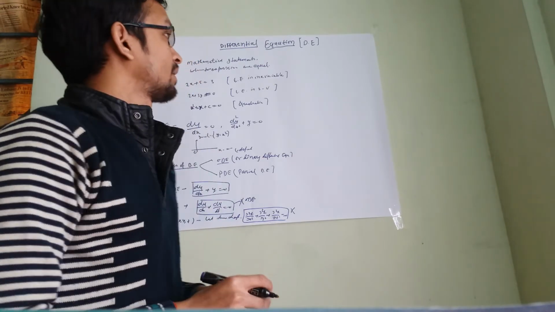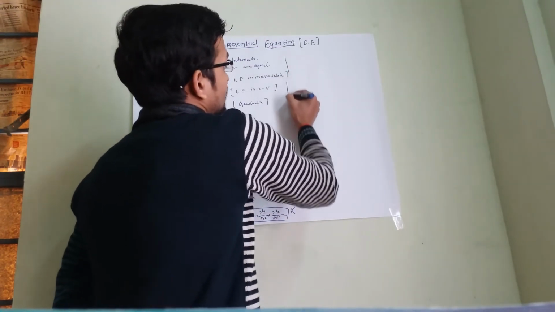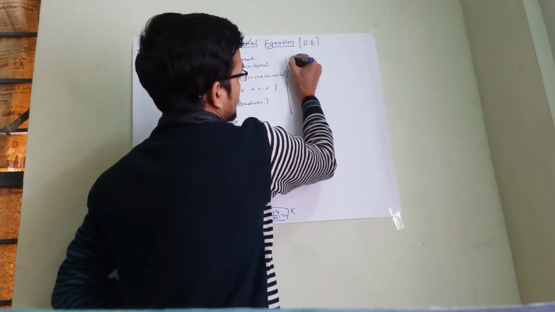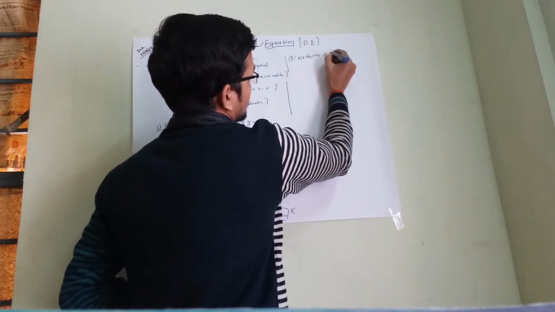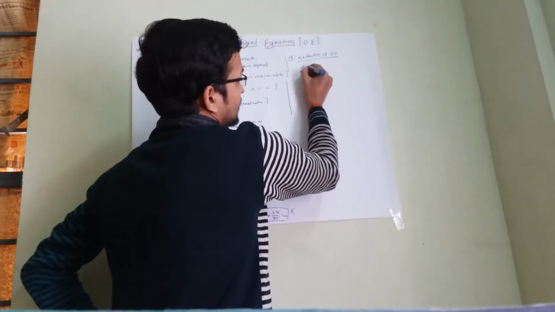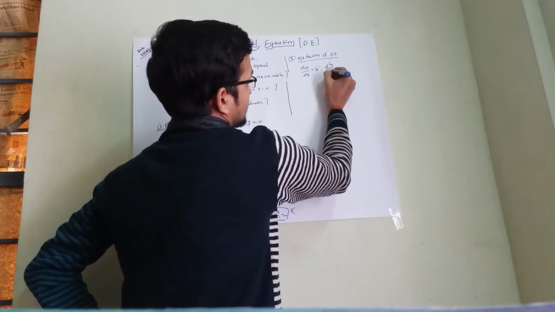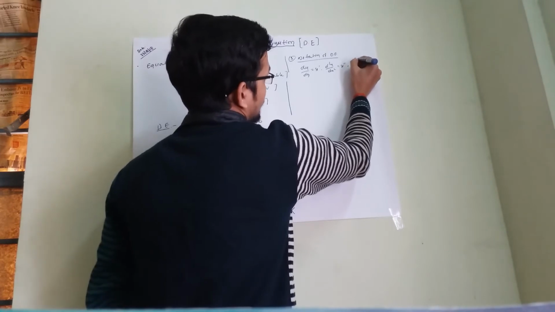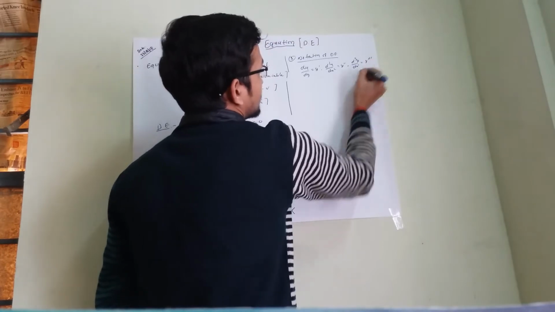Moving forward, before we check the order of the differential equation, we check the notation of differential equation. Simply, dy by dx is equal to y dash, d square y by dx square is equal to y double dash, and d cube y by dx cube is equal to y triple dash.